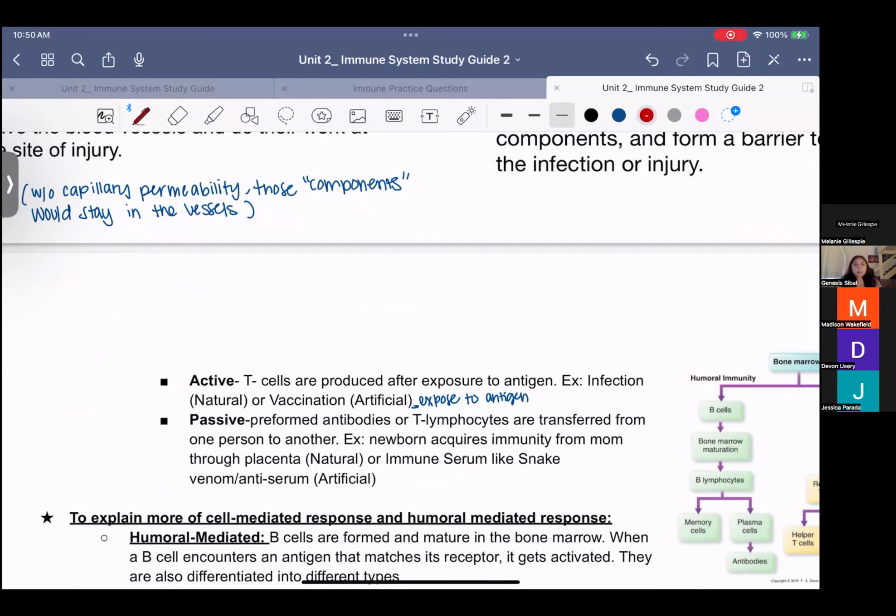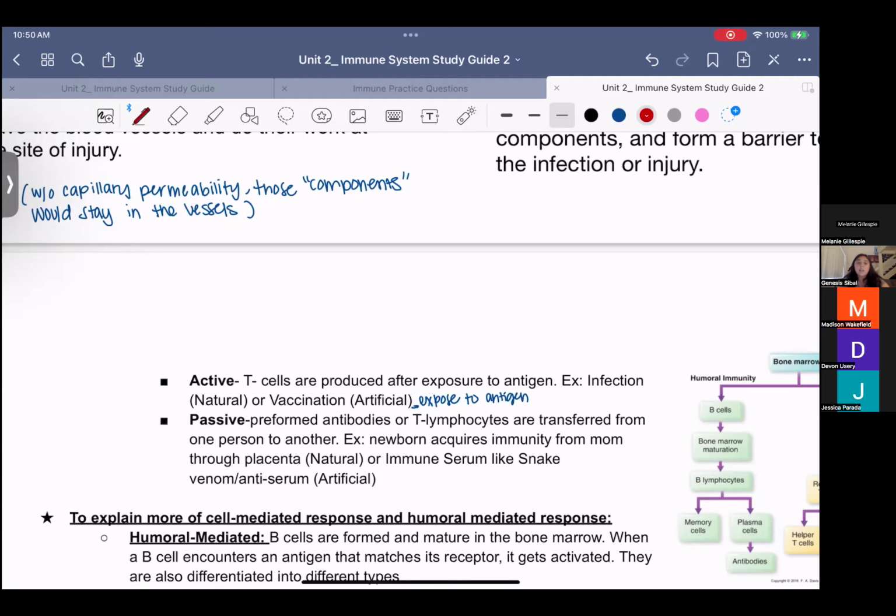And then an example of natural or artificial, I would think about it like this: if I'm getting an infection, that is more of a natural thing in my life that I'm going to get. Regardless, we are all going to acquire and naturally receive an infection one time in our lives. And what's good about that, it does suck to be sick, but the good thing is that you have those antibodies that form after you get an infection.